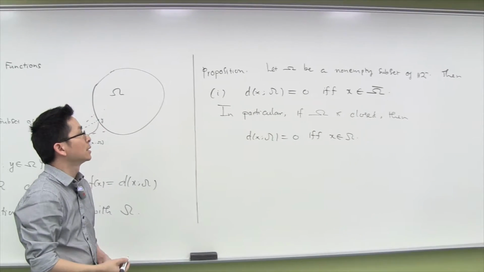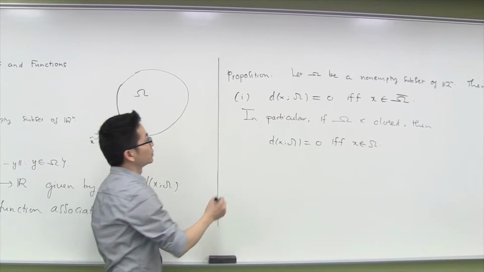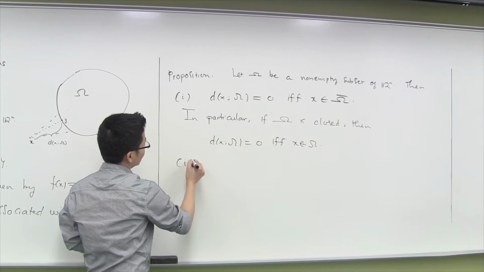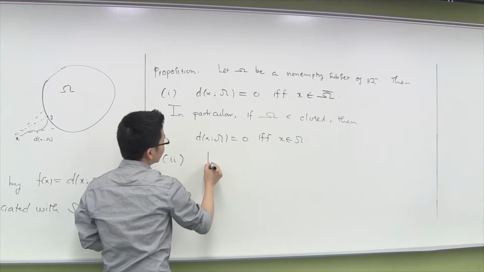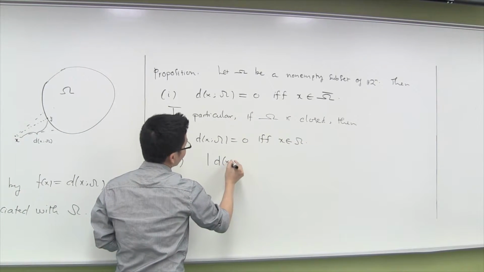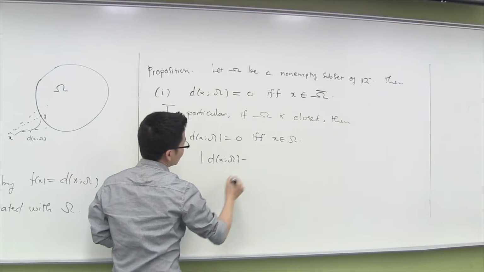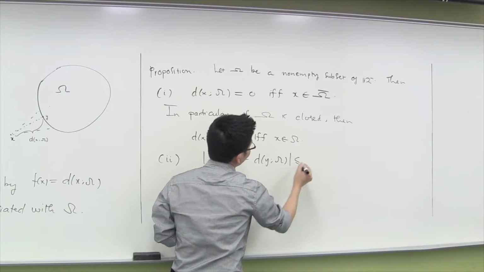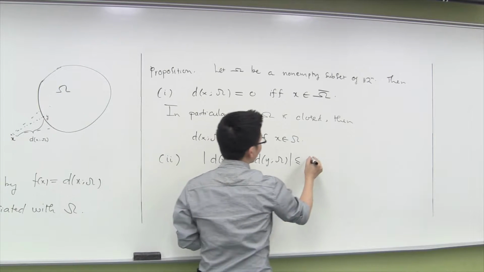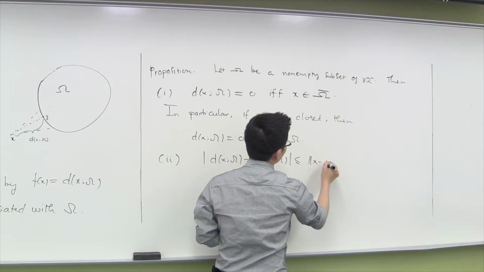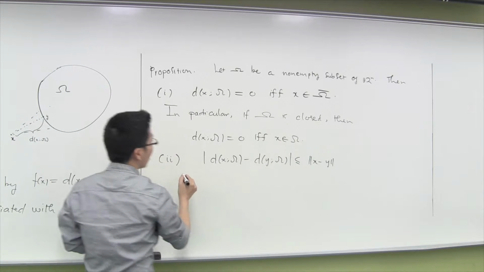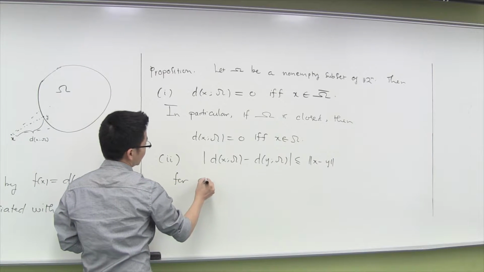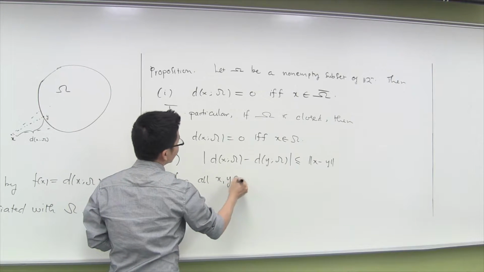Okay, and the second important property is the distance from x to omega minus the distance from y to omega is always less than or equal to the Euclidean norm of x minus y, and this is true for all x and y in Rn.